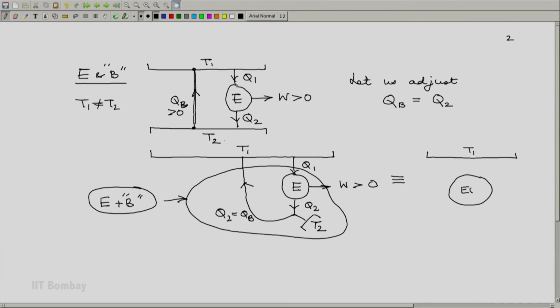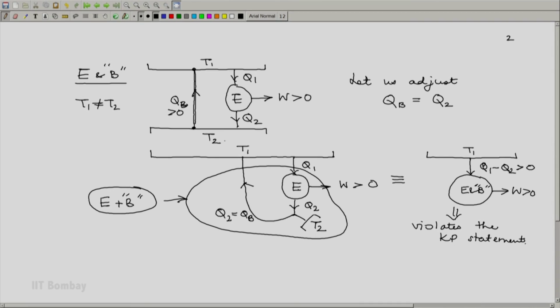So, this is E and B. It produces a positive amount of work and it absorbs heat equal to Q1 minus Q2, and since Q2 is less than Q1, remember E is an engine, this will be a positive number. So, this is something which violates the Kelvin-Planck statement.